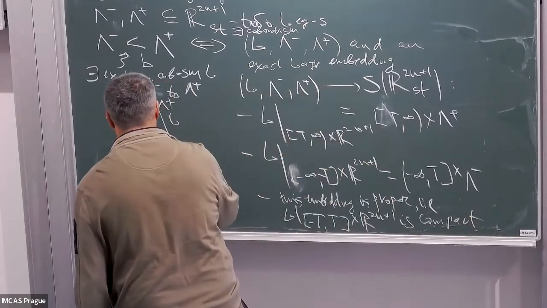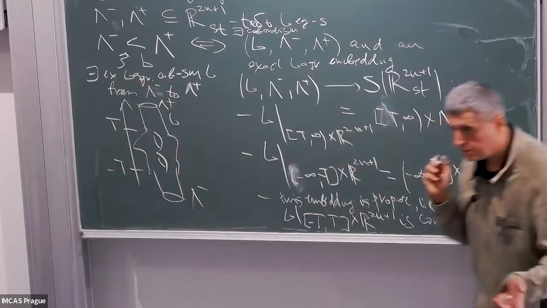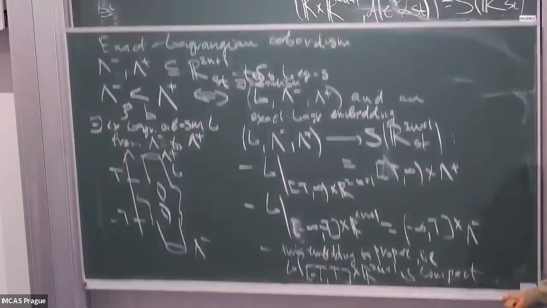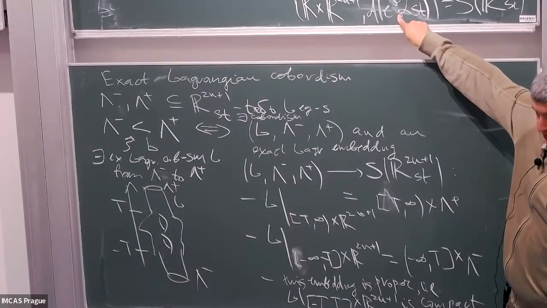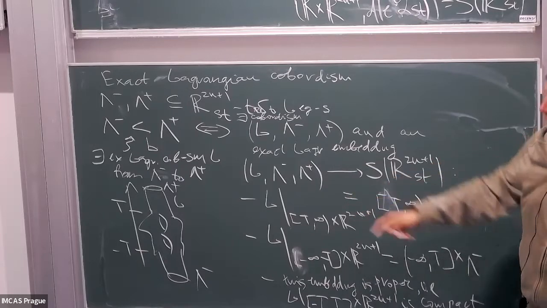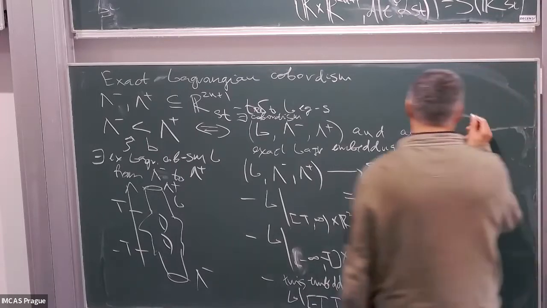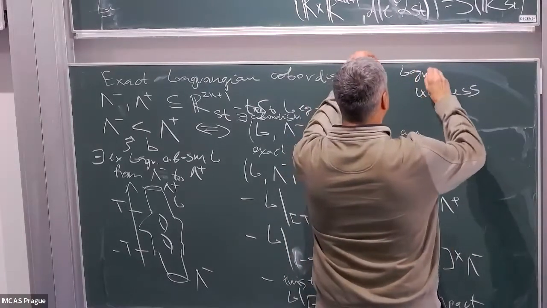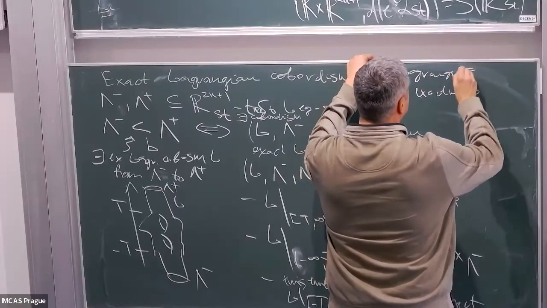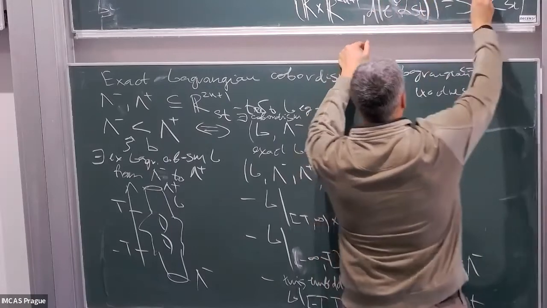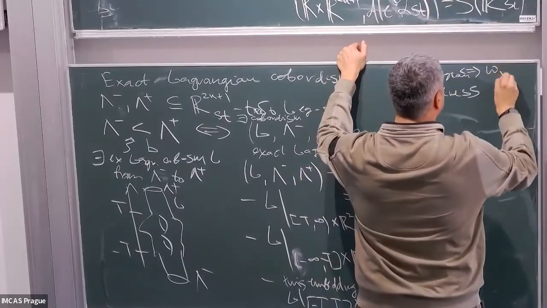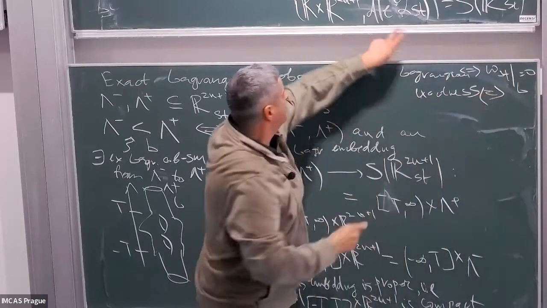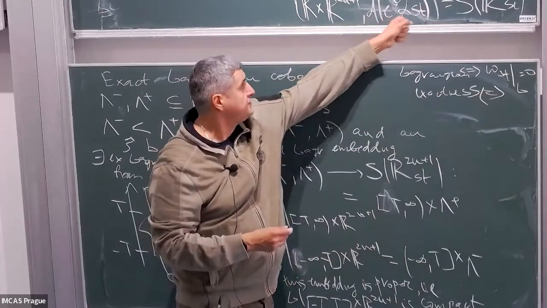Potentially with some topology. Now, what do we mean by Lagrangian? Lagrangian means that our symplectic form vanishes on our L. So to say, Lagrangian means that omega standard on L is equal to 0. And exactness means that this symplectic form has a primitive, namely e to the T alpha standard.